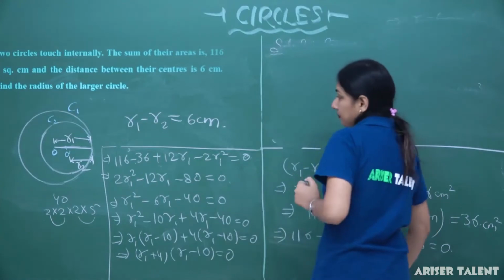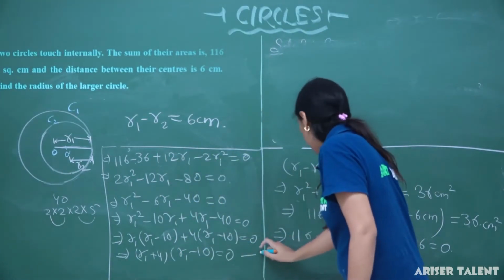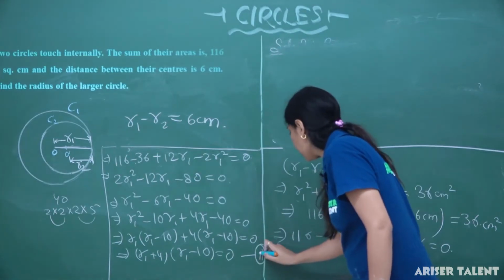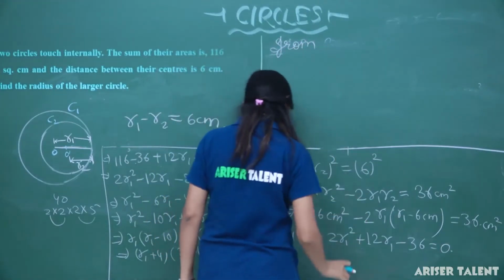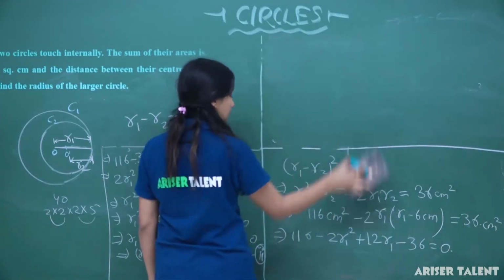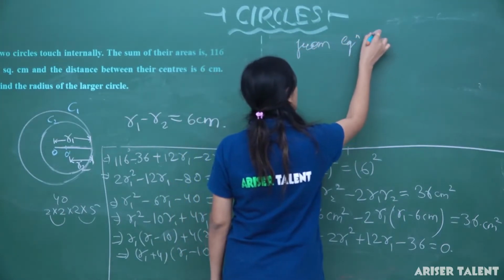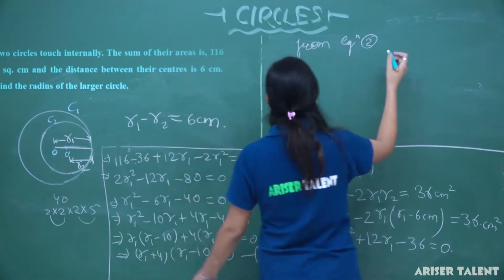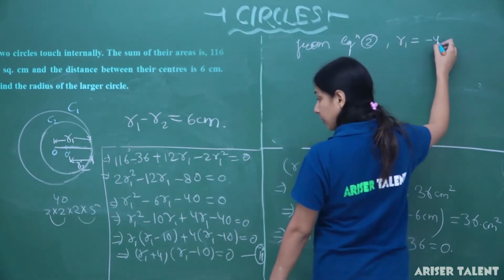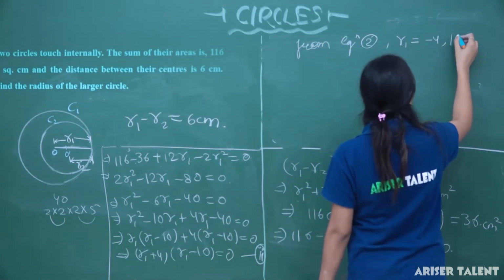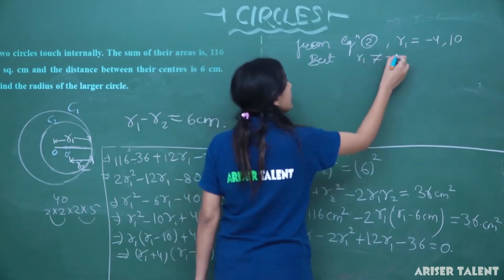So from this equation, let us suppose the second equation, from equation 2, what am I having? r1 equals minus 4, right, and 10, but r1 cannot be minus 4.